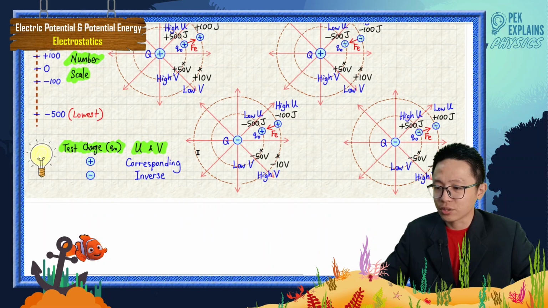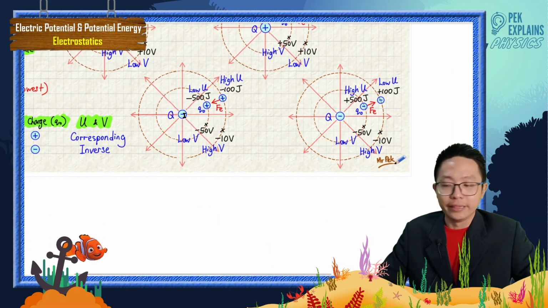Okay. So now for the negative point charge, which one has higher potential? Is it the bigger value that has higher potential? No. The more negative, the lower the value, the lower the potential.